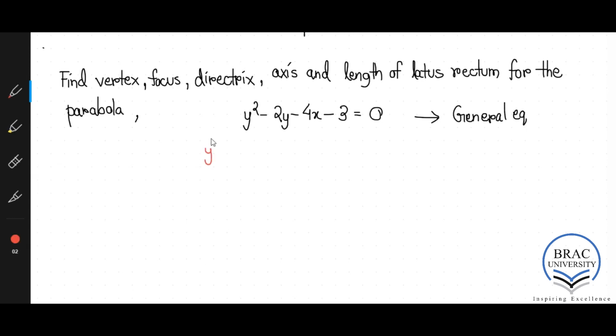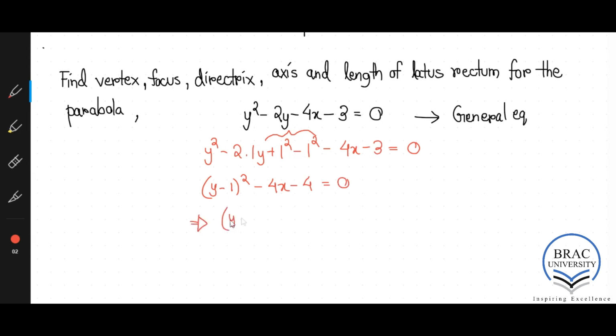Let's first complete the square. So I add a term here, subtract a term, and everything else remains the same. This is just completing the square. As you can see, this term is 0. And so we can have the equation (y - 1)² - 4 - 3 - 1, so it's negative 4, is equal to 0.